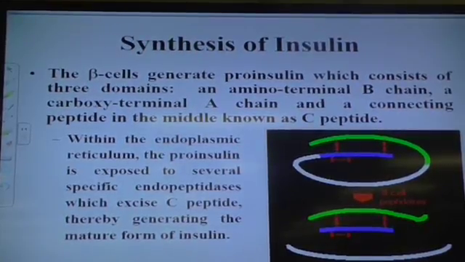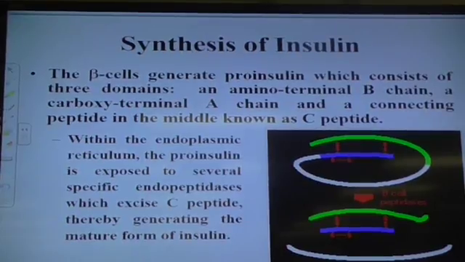We have an amino terminal B chain, a carboxyl terminal A chain, and a connecting peptide known as the C peptide. When you get into the endoplasmic reticulum, the proinsulin is converted to your mature form of insulin. What happened is it excises the C peptide, and the green and the blue right here is the mature insulin, okay?